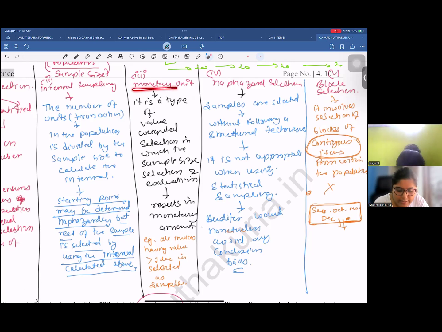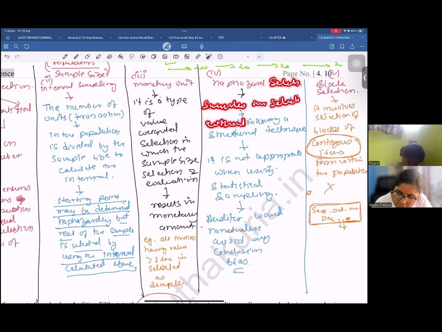Done with the monetary unit, guys? Then comes the haphazard selection. Now tell me whether the haphazard selection is going to be any scientific way of doing the audit. No, absolutely not. Because the samples are selected without following a structured technique, right? So under haphazard selection, please write samples are selected without following a structured technique.